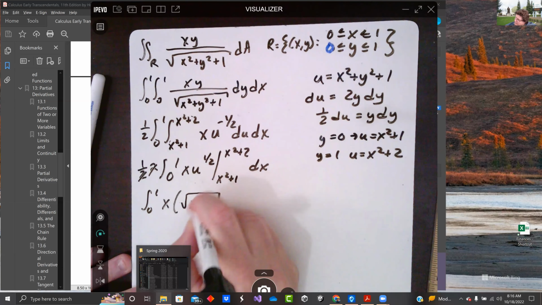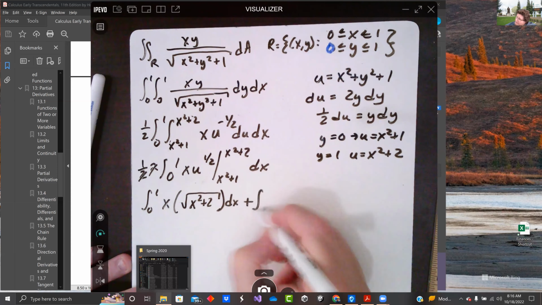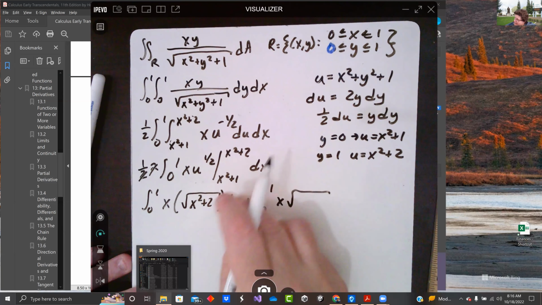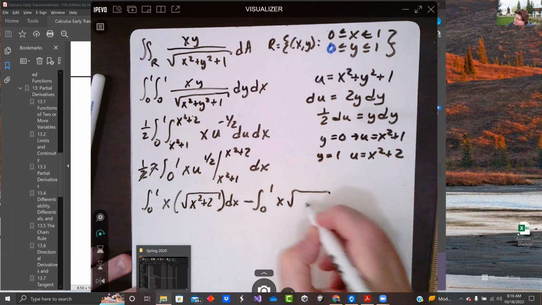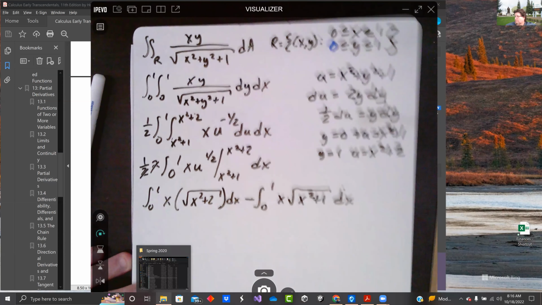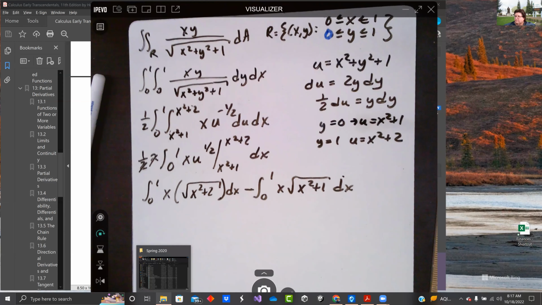I don't think I put this right. I'm going to break this up into 2 integrals. It's a minus. Oh, I forgot about that one.